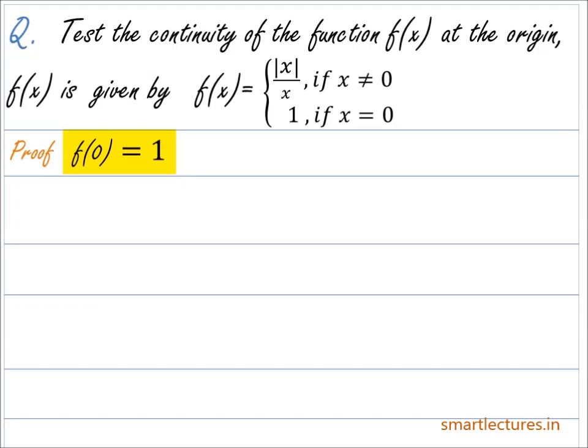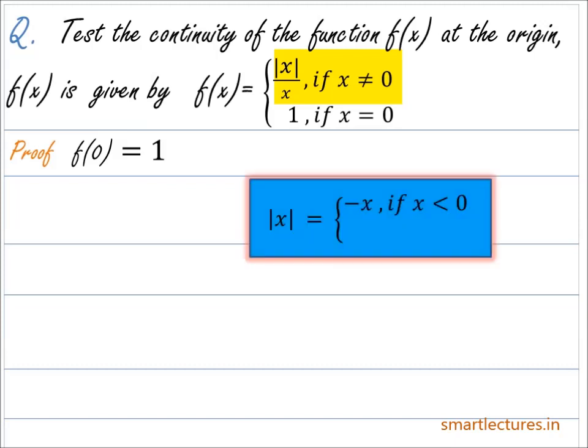Now when the value of x is not equal to 0, then f of x is equal to modulus of x upon x. And from the definition of modulus function, if x is less than 0, then modulus x is equal to minus x, and it is equal to x when x is greater than or equal to 0.